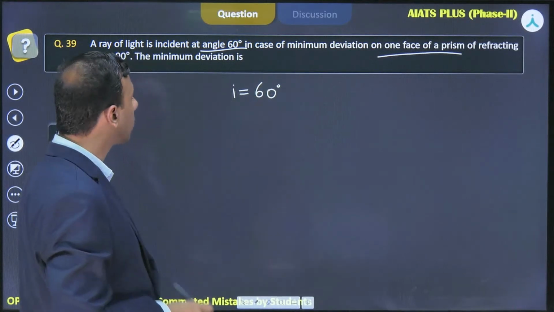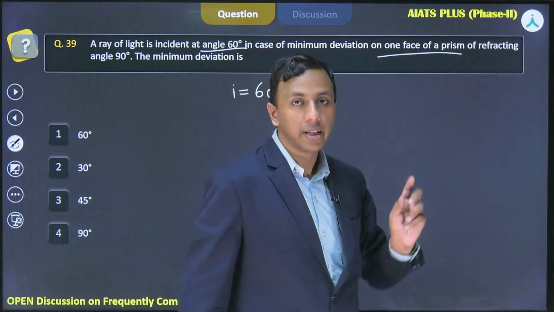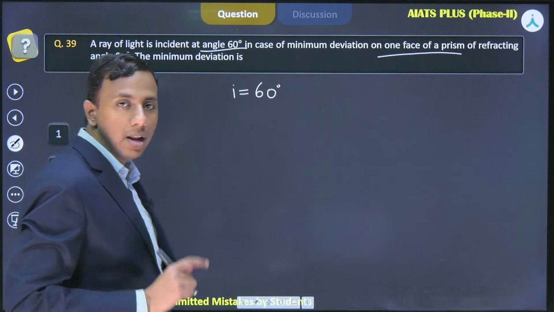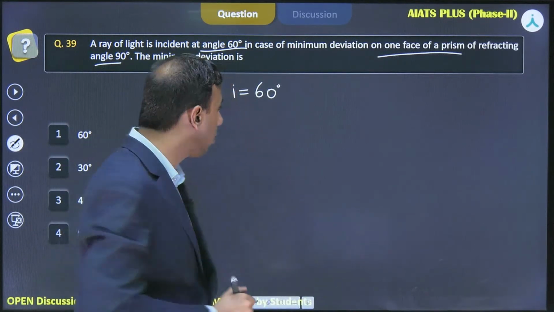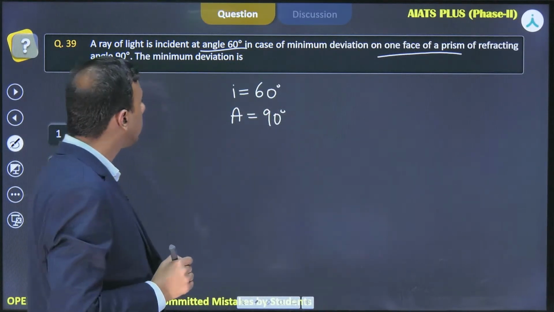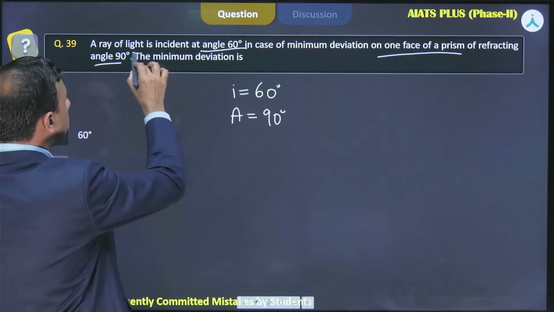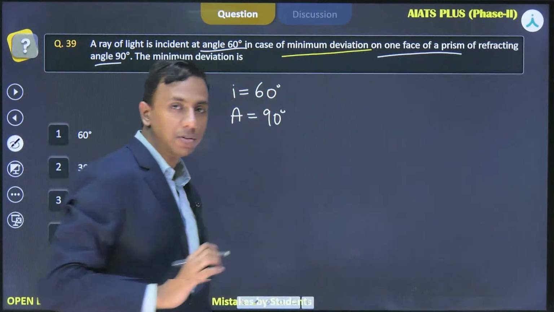Then they have also said the prism has refracting angle 90. Refracting angle means angle of prism. We did that, if you remember, in the big triangle diagram I had drawn. So A is equal to 90 degree. And they are also saying one more thing, if you notice carefully: this ray of light is incident so that minimum deviation is also happening.